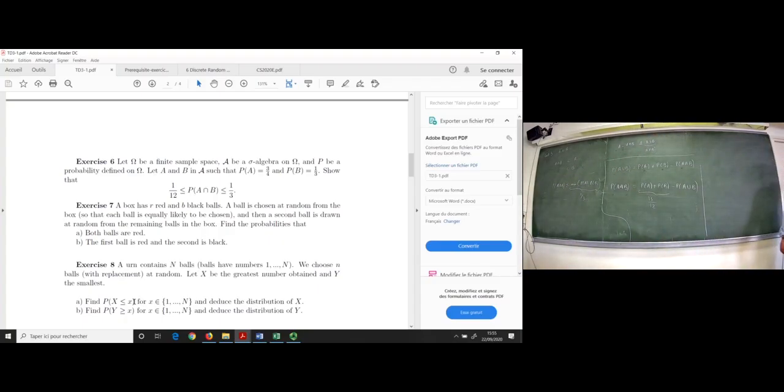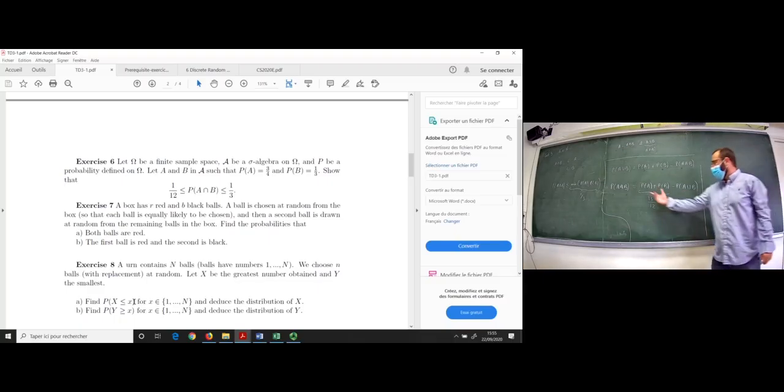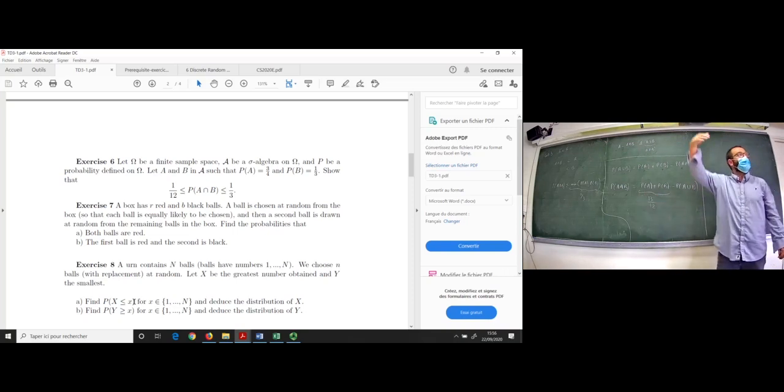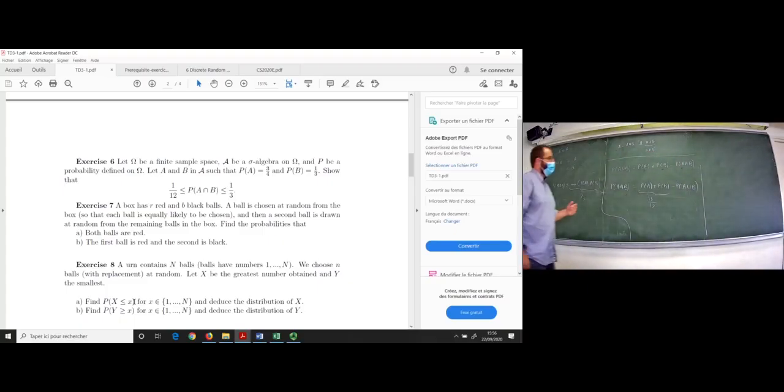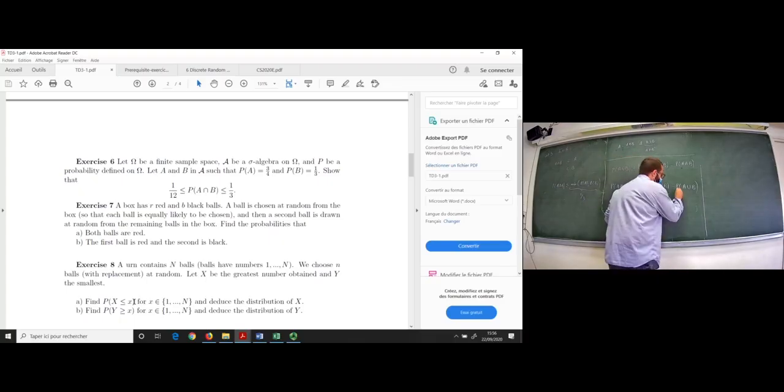I can say nothing about my statement. I have nothing with the union, but I know that I have a probability here. So if I want the maximum of this number, I want it to be greater than. What can I say about this probability?